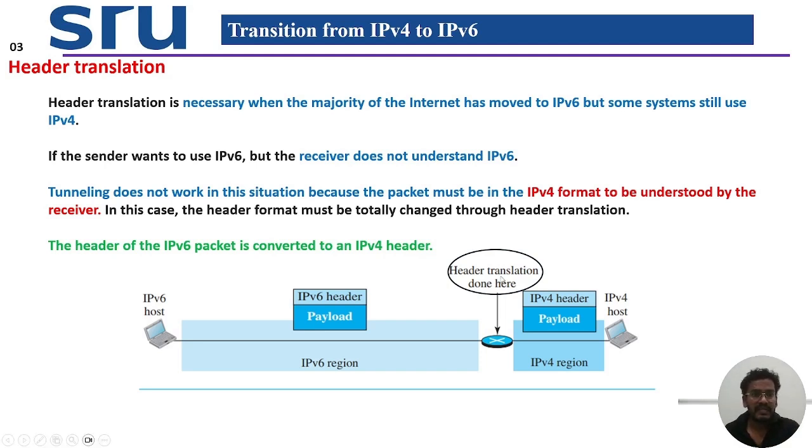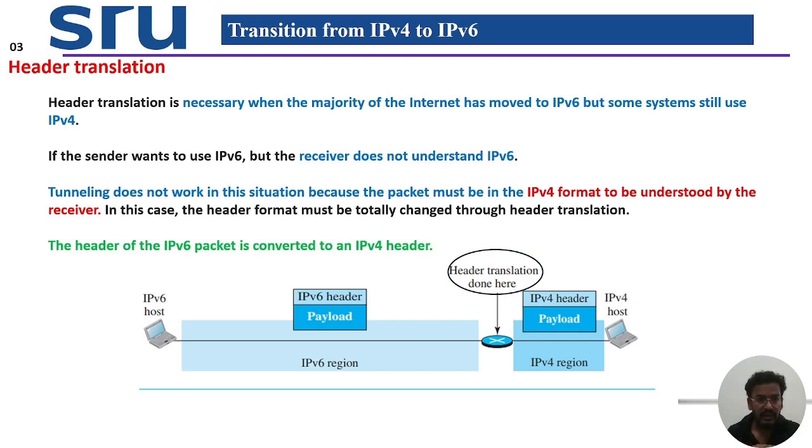So the header translation is necessary when the majority of the internet has moved to IPv6, but some systems are still using IPv4 models. If the sender wants to use IPv6, but the receiver does not understand the IPv6 model, in that case we have to use IPv4.